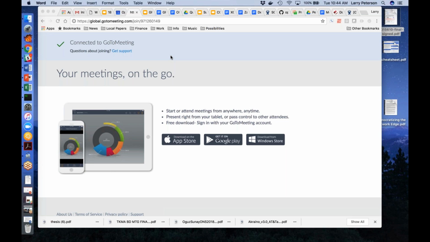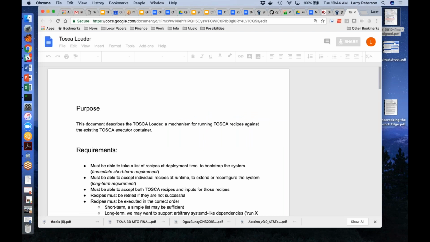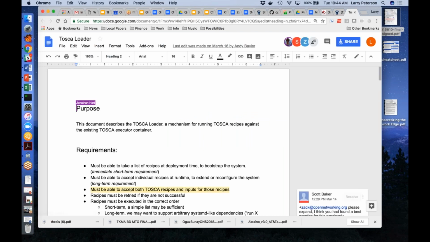So I pasted a link to the design document at the bottom for anyone who wants to follow the discussion. The reason that this has more of a lifespan beyond just initializing the system and exiting is that Cord is dynamic, and we want to be able to let people run Tosca recipes at runtime.